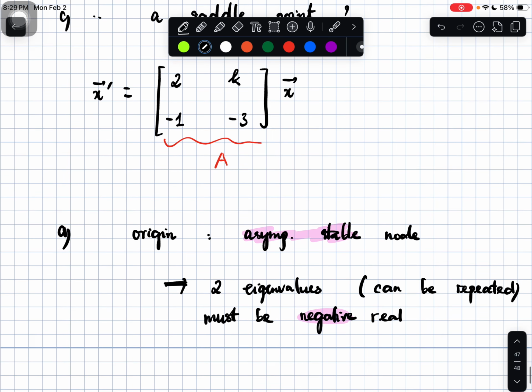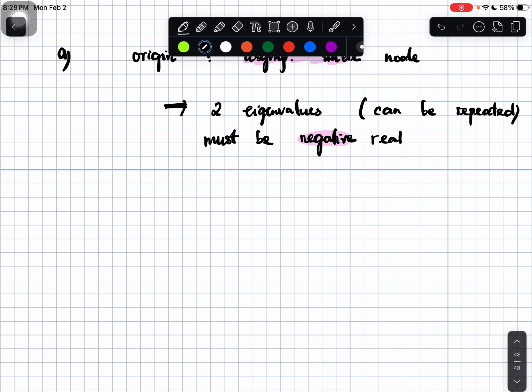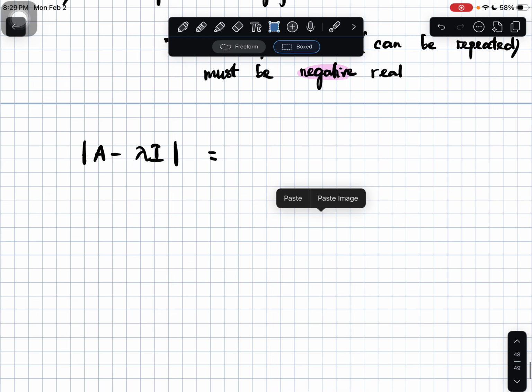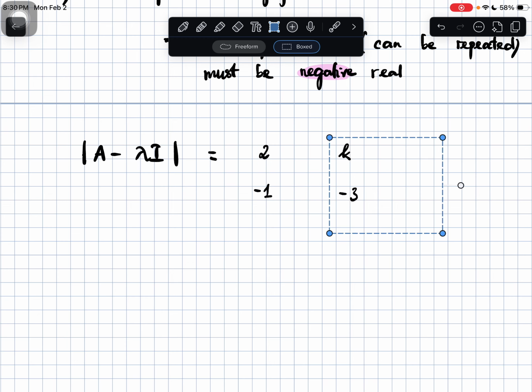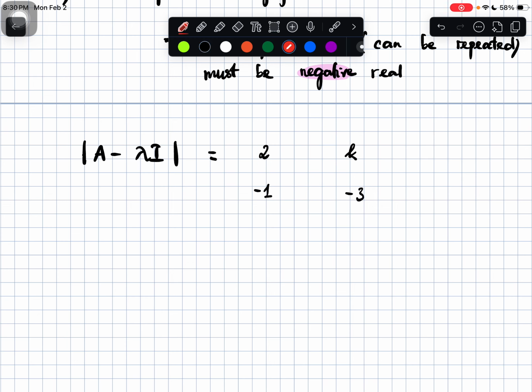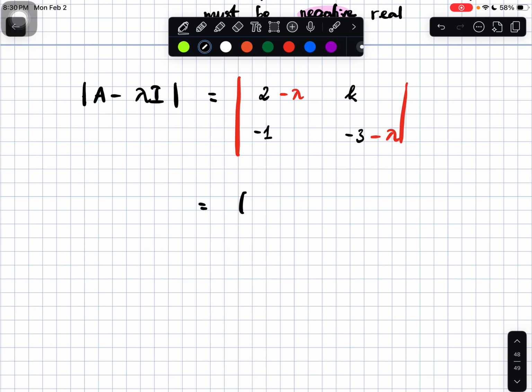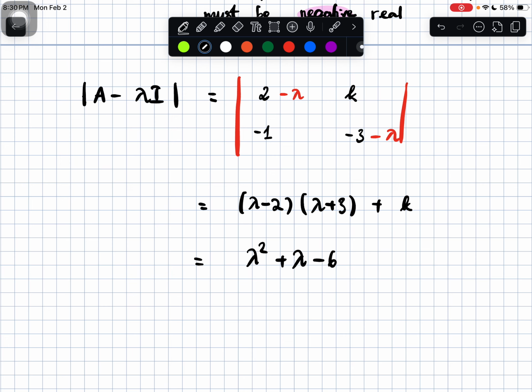Look at this matrix A, and we find the eigenvalues from the determinant of A minus lambda I equal to 0. Computing the determinant, we have lambda minus 2 times lambda plus 3 plus k, so lambda squared plus lambda minus 6 plus k.